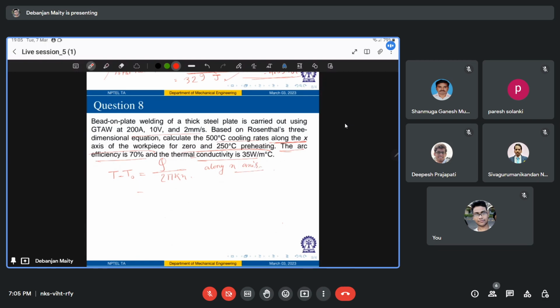Now what can we do? Can we find out the temperature gradient from here, dT/dx?